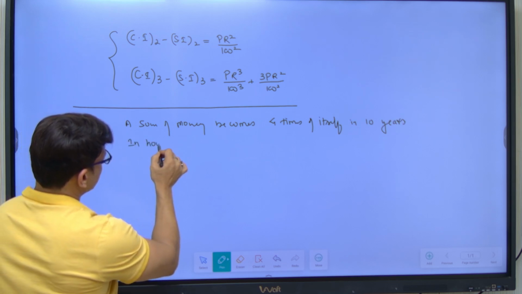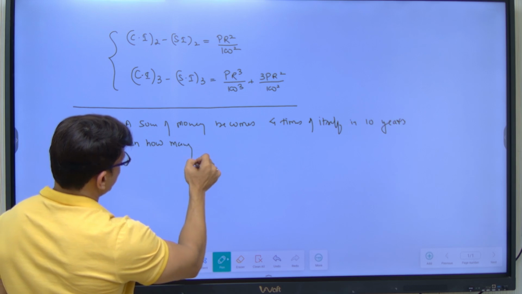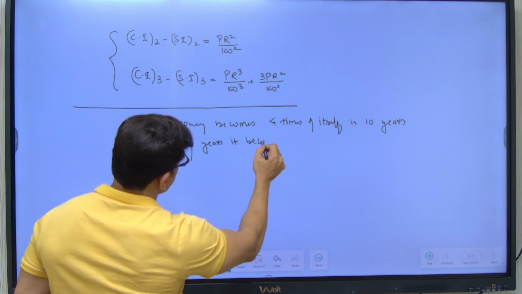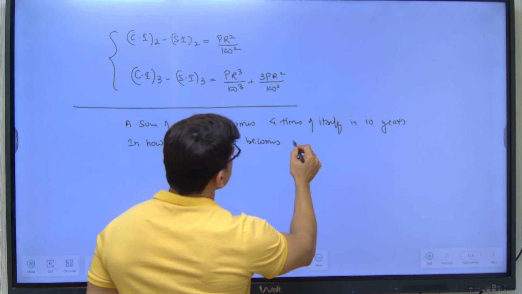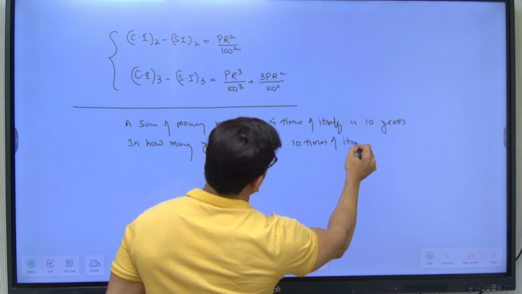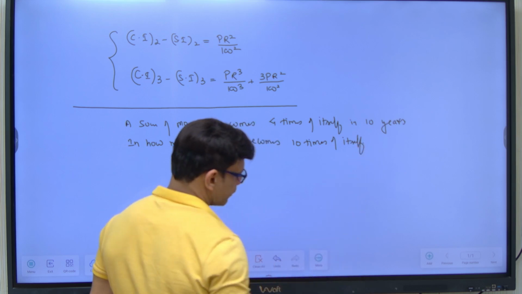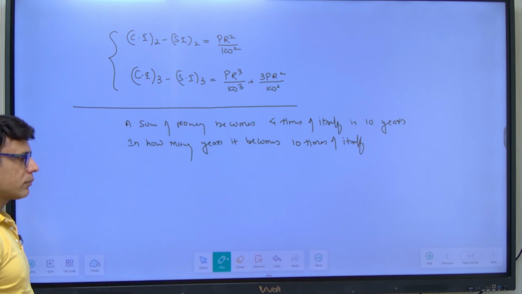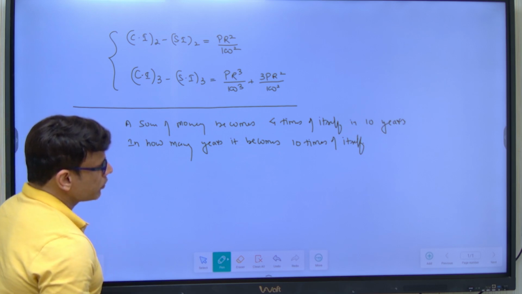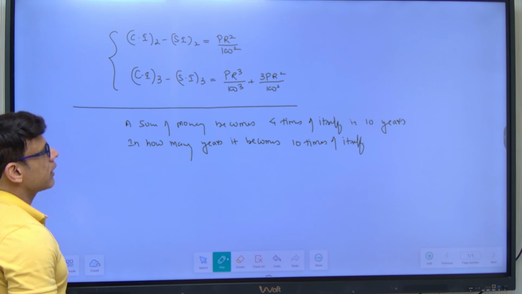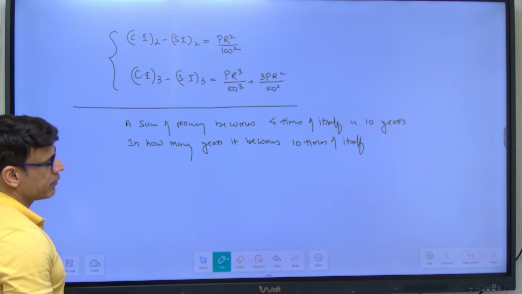In how many years does it become 10 times of itself? Right. That's the question. Some exams ask you these types of questions also, which are very direct. First of all, a sum of money has become 4 times of itself in 10 years, right?